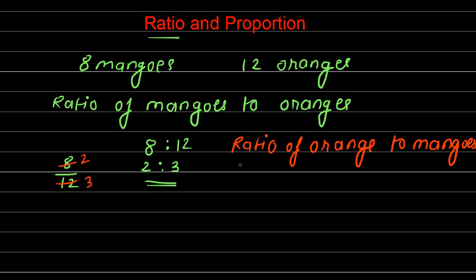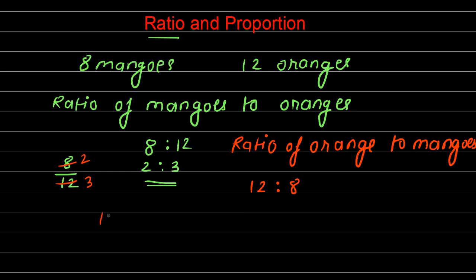Now the numbers will go opposite. So first I need the orange number. How many oranges are there in our fruit basket? 12. Is to, how many mangoes are there in our basket? That is 8.